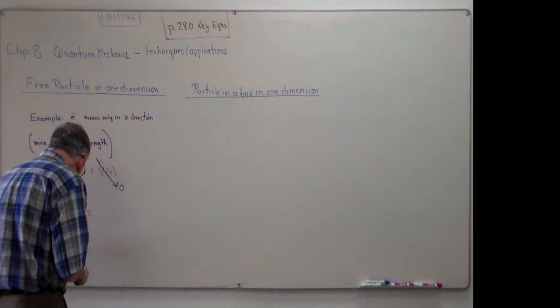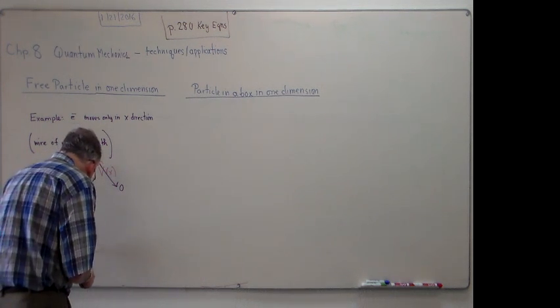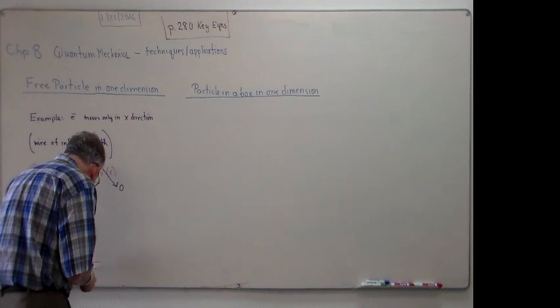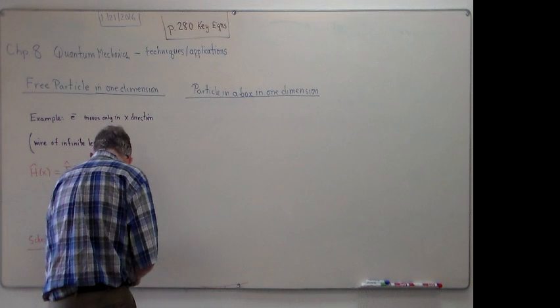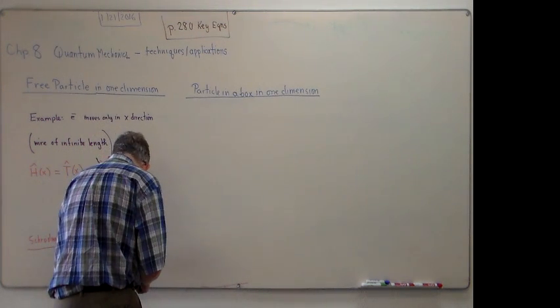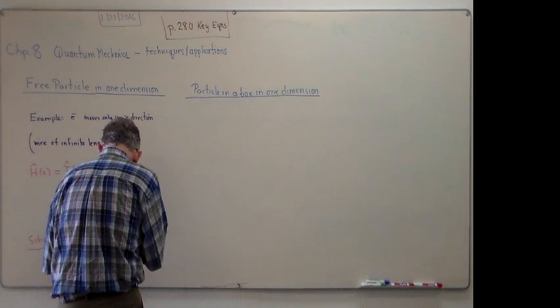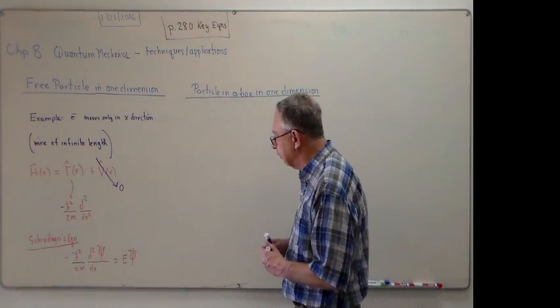Minus h bar squared divided by 2m, second derivative with respect to x of our wave function, equals the energy times our wave function back again.